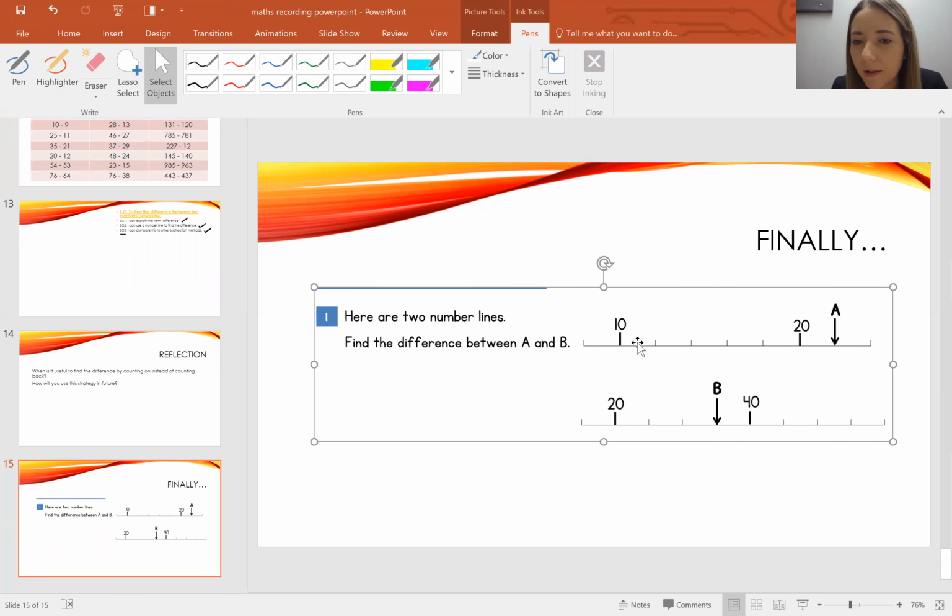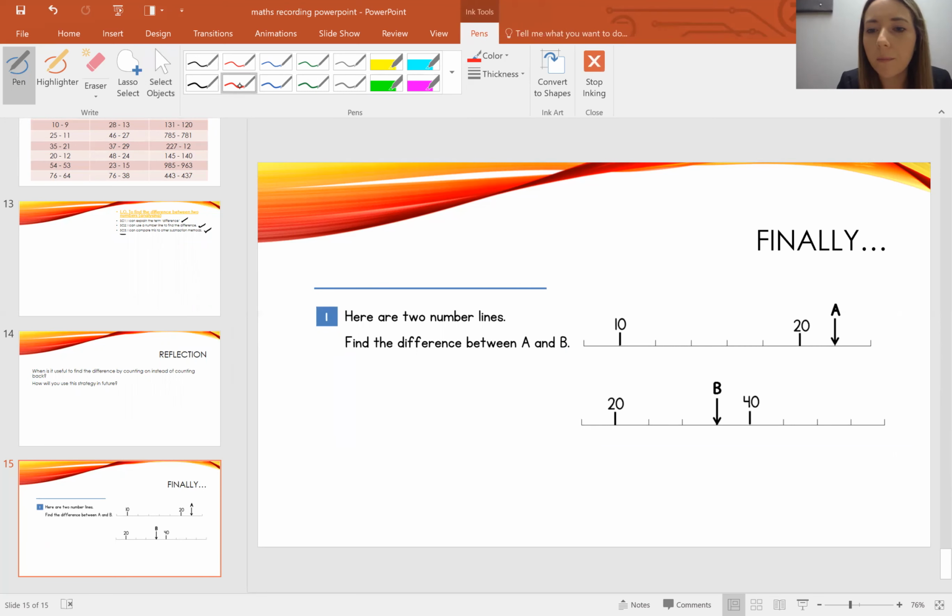You need to think about, what are these marks representing on this number line? So what are the jumps going up in here to get to 20? So what number is this? What number is this? What number is this? And then what number would that be?